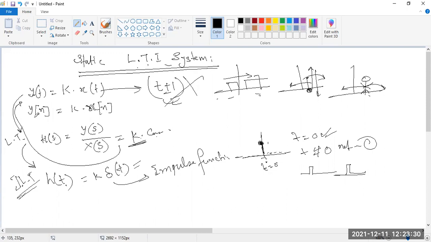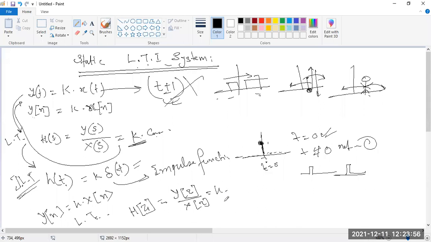Just like this, for y of n equal to k times x of n, if we take the transform, we get Y of z by X of z equal to k.